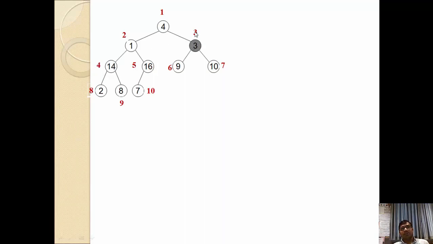Now we need to verify the third node. The value of the third node is 3 and both the child nodes have values 9 and 10. So again, it is not satisfying the property of a max heap tree, because 9 is larger than 3 as well as 10 is also larger than 3. So now we have to again perform a swapping operation with the largest element. Among these three, the right node has the largest value, so we have to swap 10 and 3 in this case.